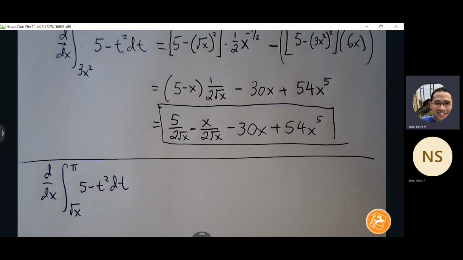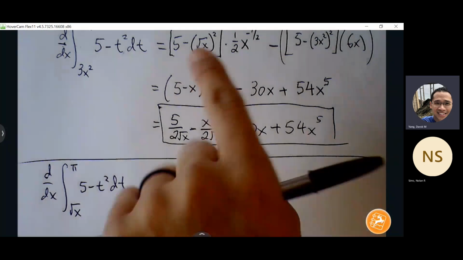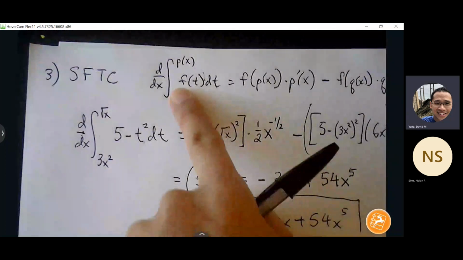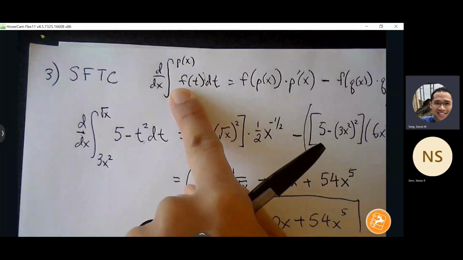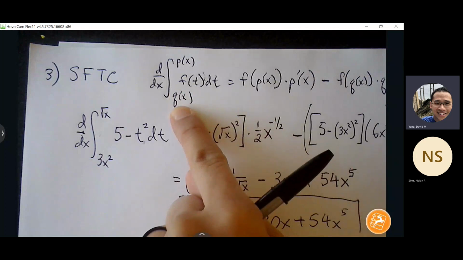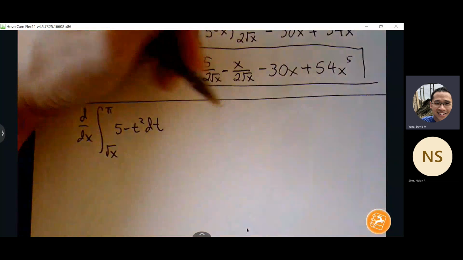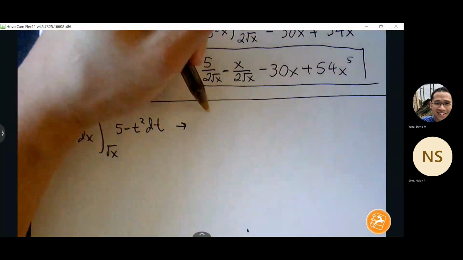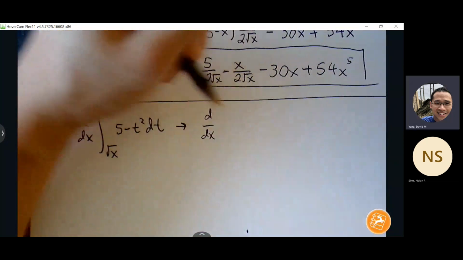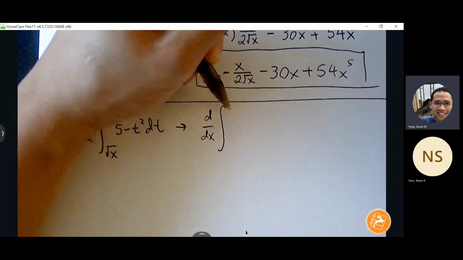Yeah, variable's lower bound. Is there any way that we can make it turn into the upper bound being the variable and the lower bound being the constant? Flip it, pull a negative outside. Exactly. That way it feels more familiar.